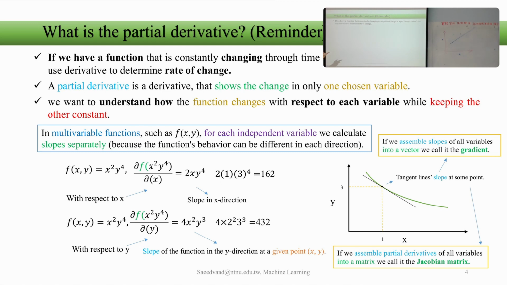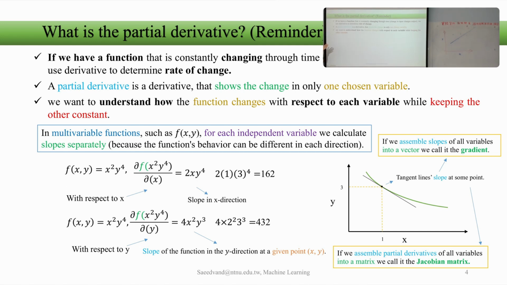If I want to understand it, I can take the partial derivatives. Formally, the partial derivative is a derivative that shows the change only in one of the chosen variables. Here we have only one. If you have multiple variables, for each one we can take the partial derivative and understand how much the change is. So, as I explained, we can understand how a function changes with respect to each variable while keeping the others constant.